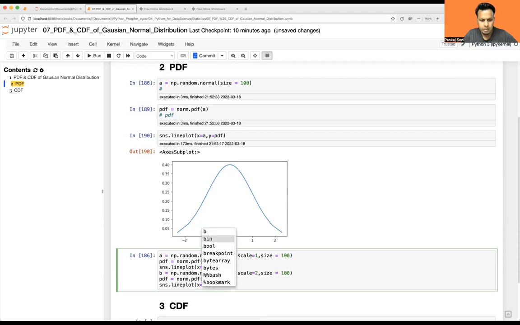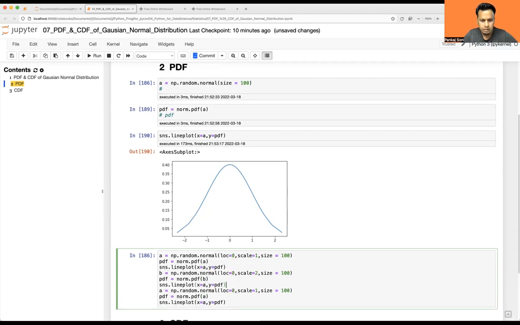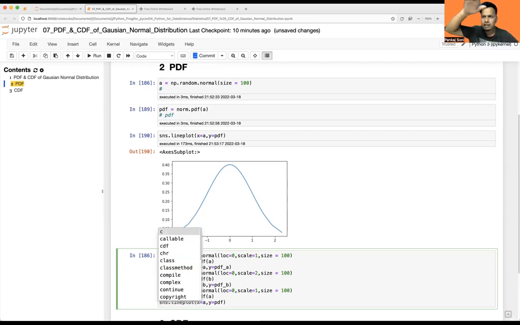And let's take one more here. PDF A, and this will be PDF B. I'm just showing how this variance and that bell curve will change by just changing the scale factor or the spread factor.